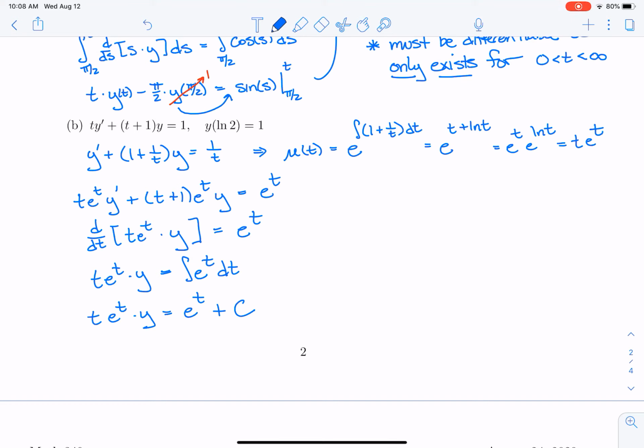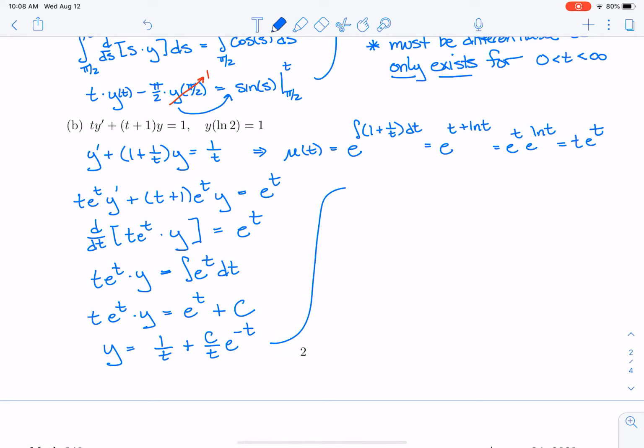And now I can solve for y in this case. So y is equal to 1 over t, when I divide e to the t by t e to the t, plus c over t e to the minus t.